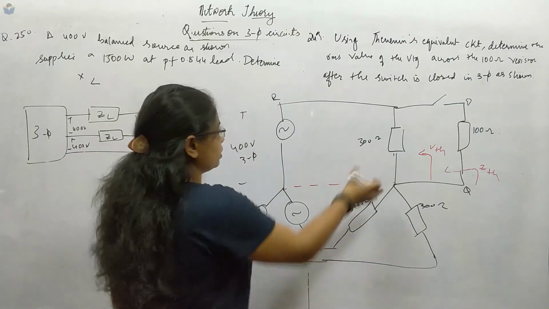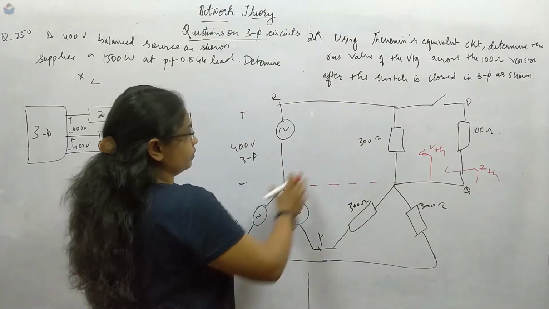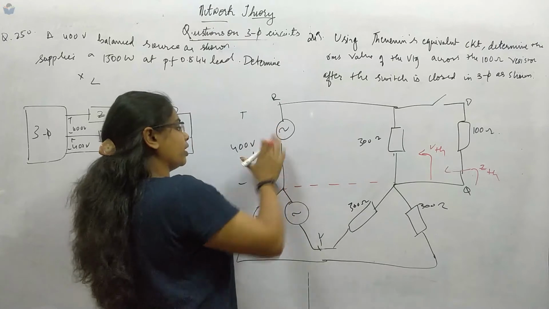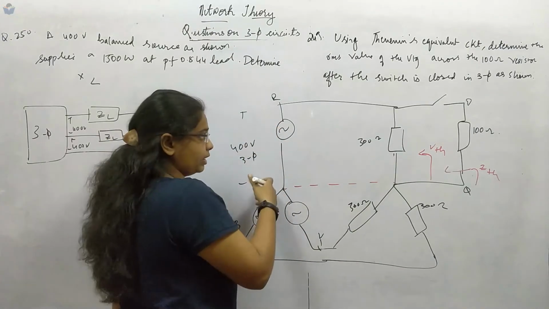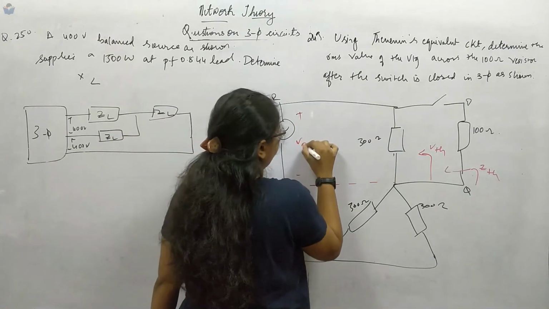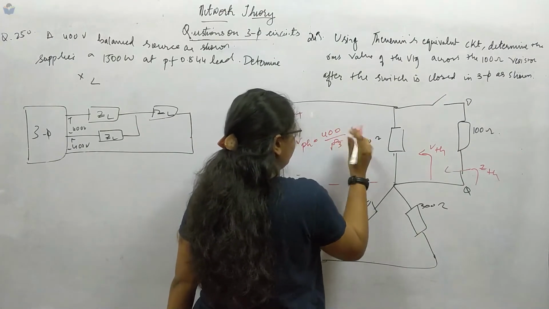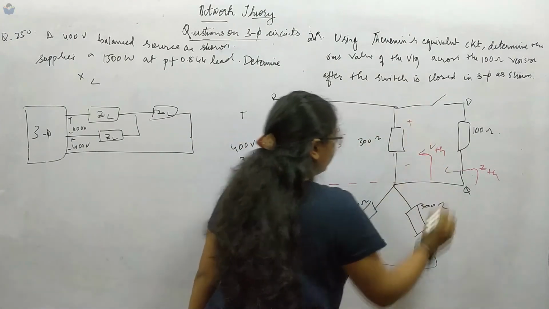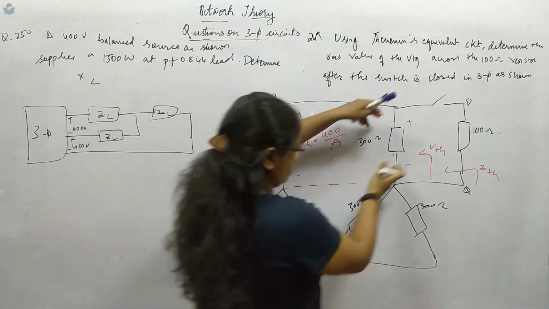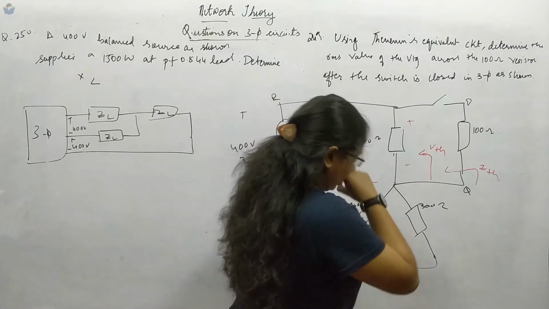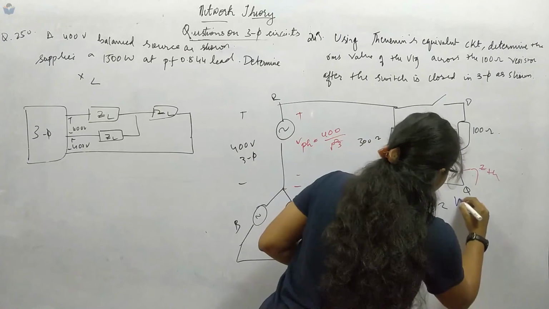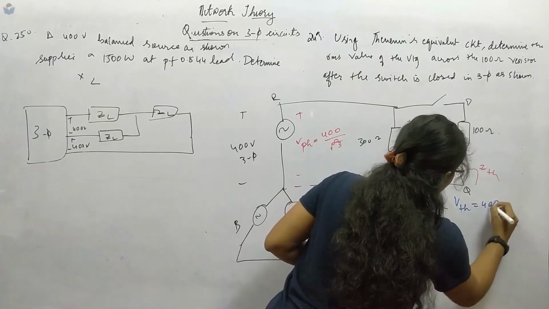This is 300 ohms, but the 400 volt supply is line to line. So if you take VPH is equal to 400 by root 3, this voltage will only appear over here. So this is nothing but VTH is equal to 400 by root 3.